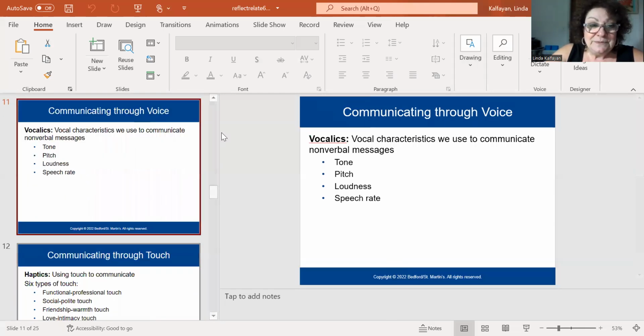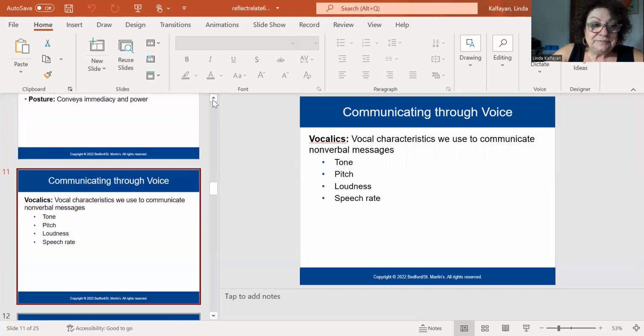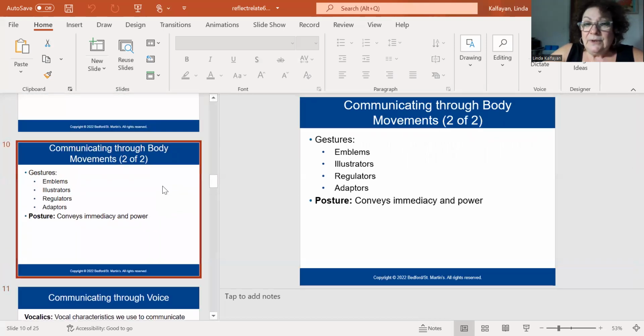Oops, I went too far. Okay, so when we talk about gestures, I want you to see on page 238 the definitions for emblems, illustrators, regulators, and adapters. So emblems represent specific verbal meanings.